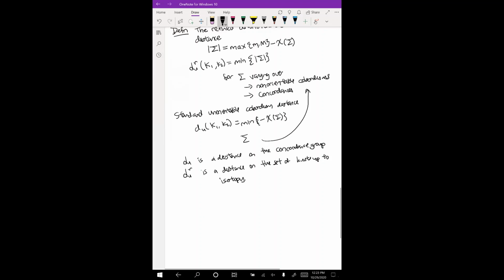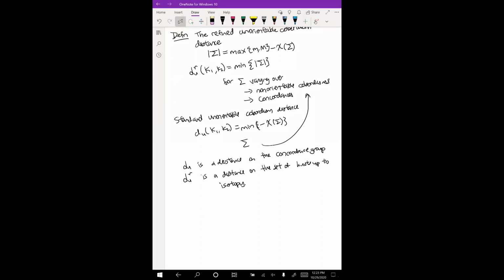Okay, and our result is that the refined cobordism distance has a lower bound in terms of the difference between torsion orders. So ord I K1 minus ord I K2 is less than or equal to the refined cobordism distance.